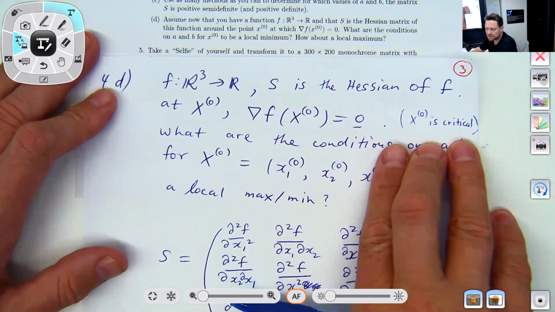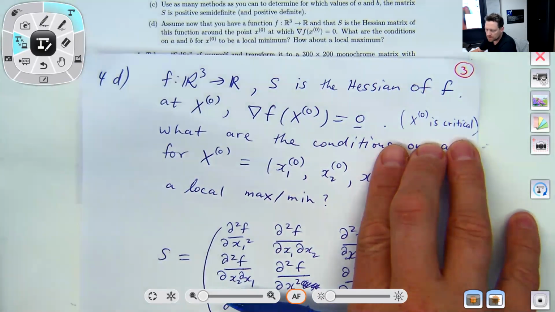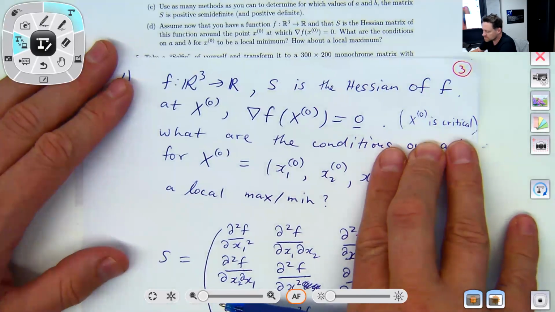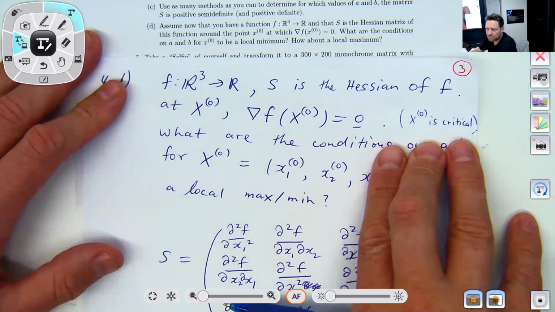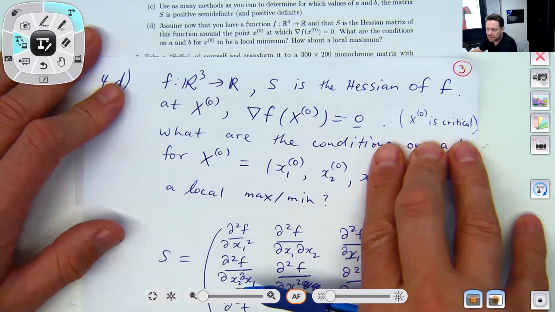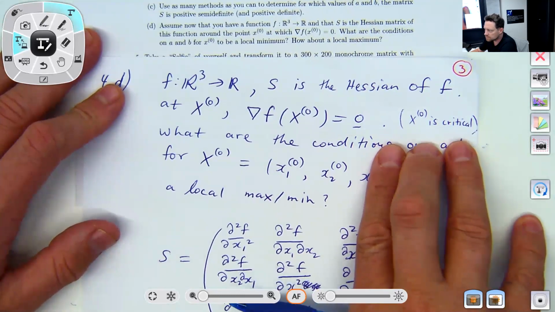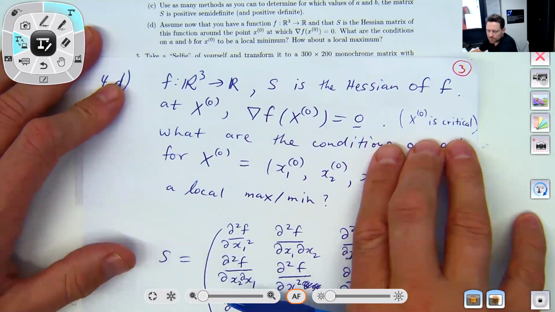If you like to think of functions of one variable, for example, to make good analogies for what's going on, a critical point would be something like the point 0, 0 of the cubic, or the point 0, 0 of the quadratic x squared, or some other critical point, right?